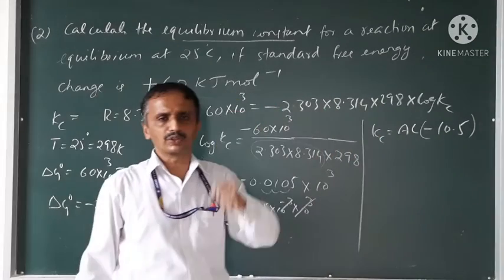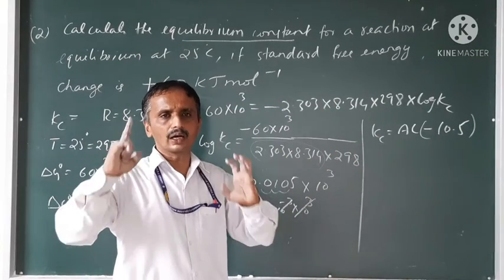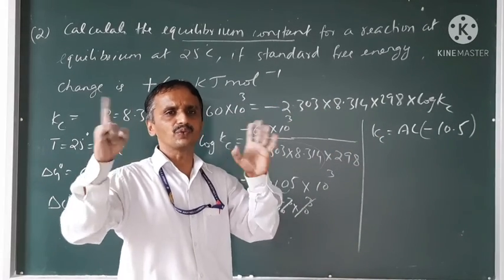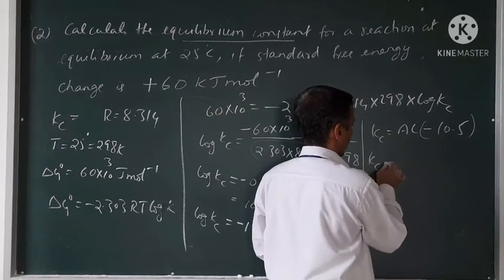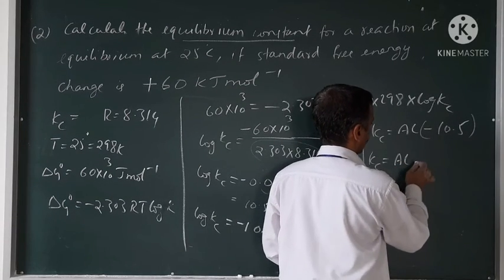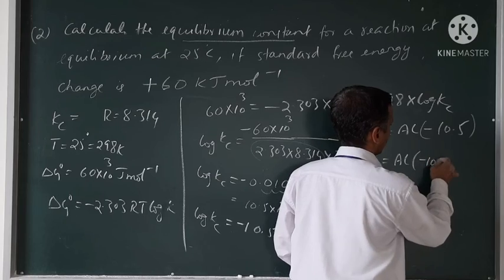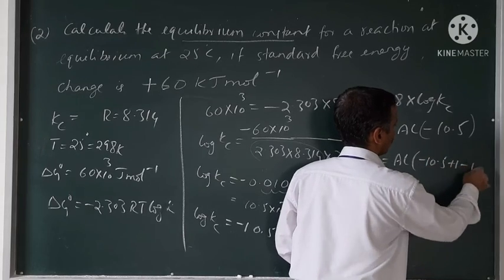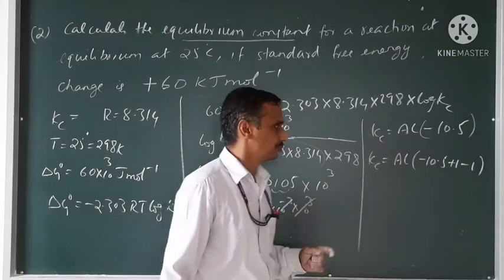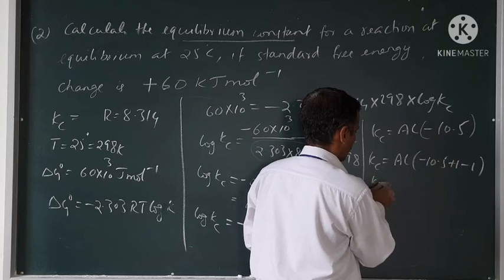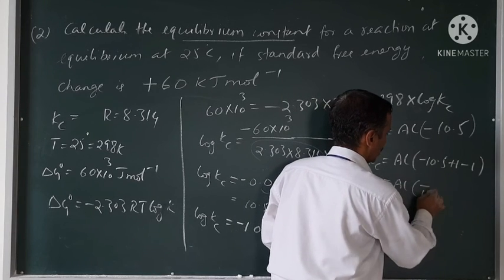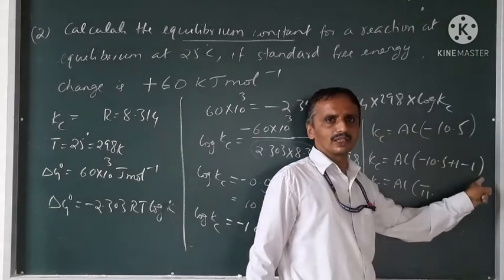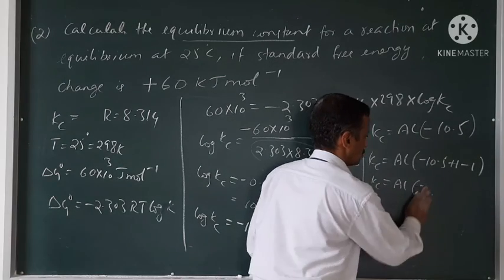What I said in the previous video: the anti-logarithm of a negative number I cannot directly take. So Kc is equal to the anti-logarithm of minus 10.5 plus 1 minus 1, so the anti-logarithm of bar 11. Minus 10 minus 1 is bar 11.